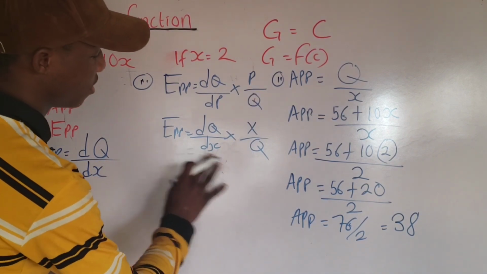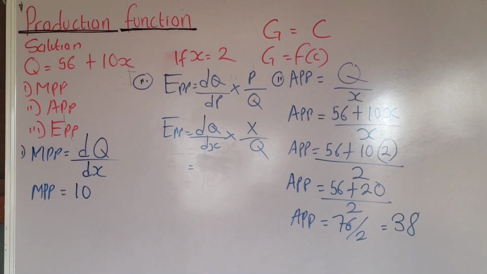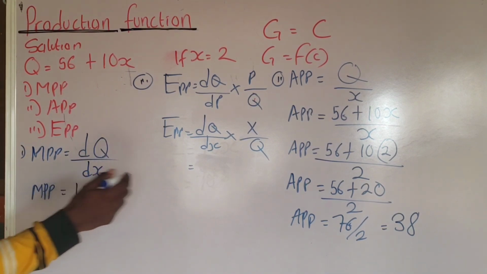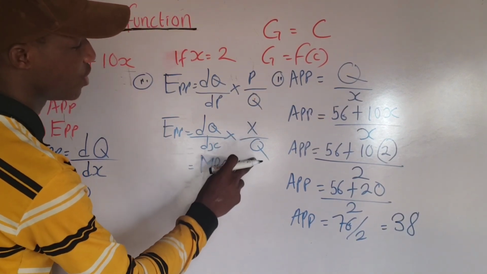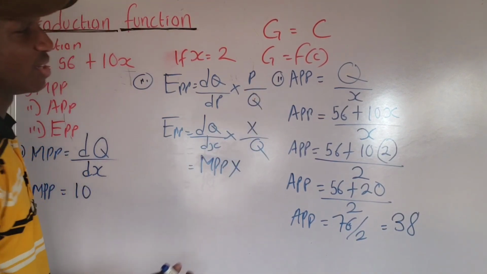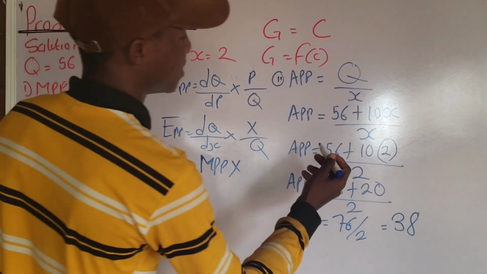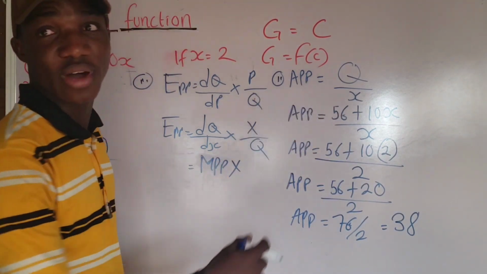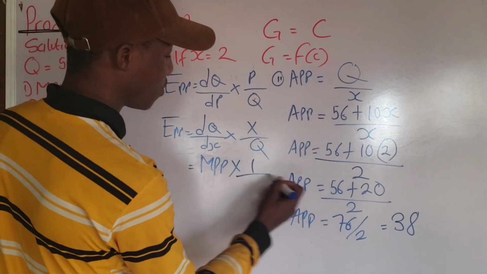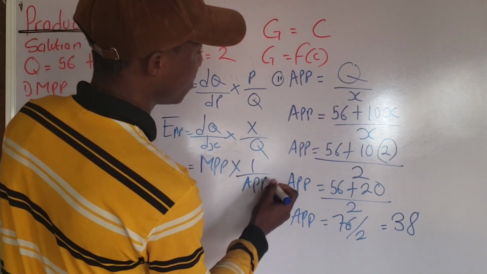Don't forget, when I started this class, we started by getting the MPP, and MPP is dQ over dX. So you can represent it as MPP multiplied by X over Q. X over Q can be written as 1 over APP, because APP is Q over X.